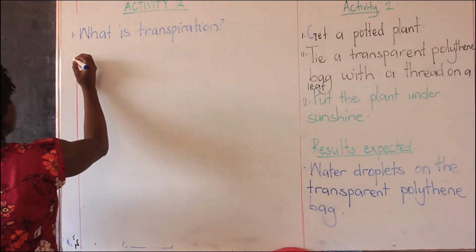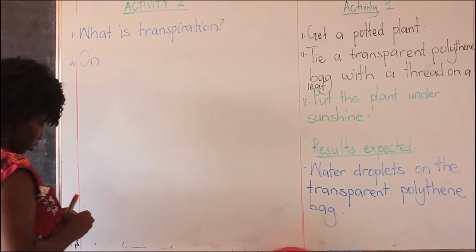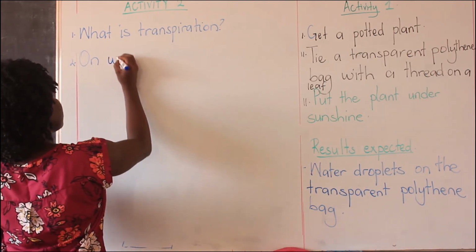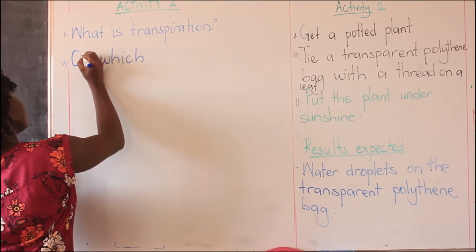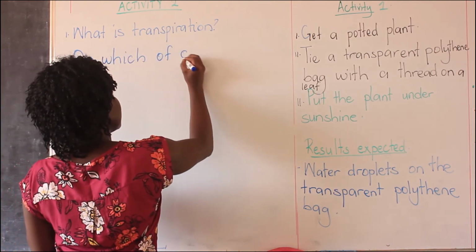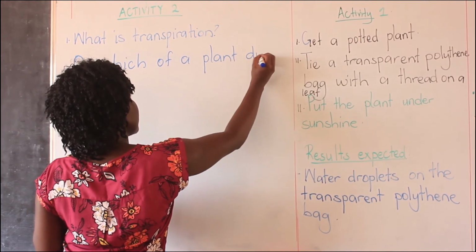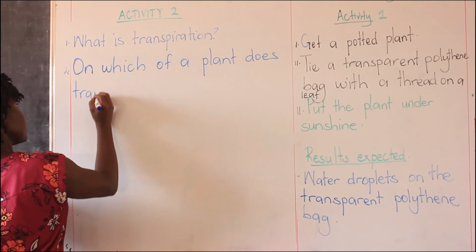Number 2, on which part of a plant does transpiration take place?